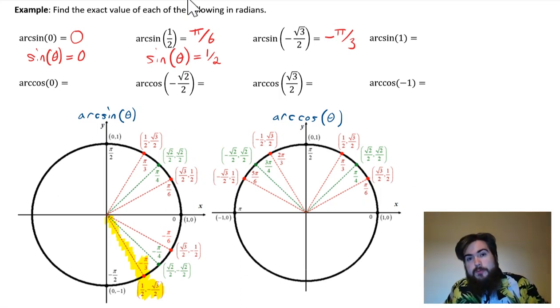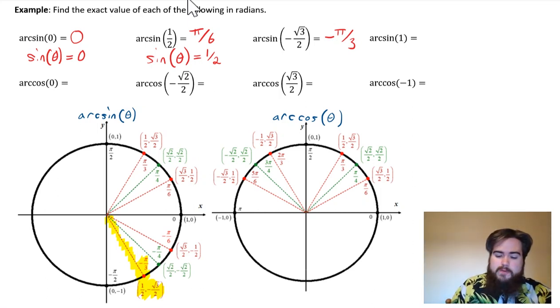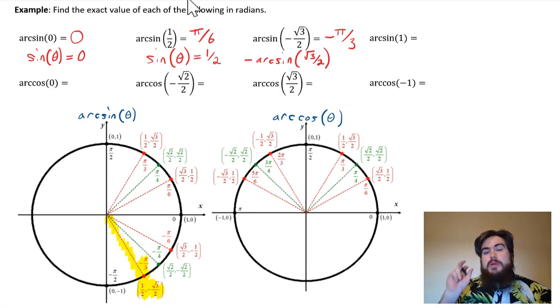If you prefer for arc sine, though, because it is an odd function, we can rewrite this as negative arc sine of square root of 3 over 2. That allows you to evaluate the quadrant 1 angle measure for arc sine of root 3 over 2, and then make the answer negative.